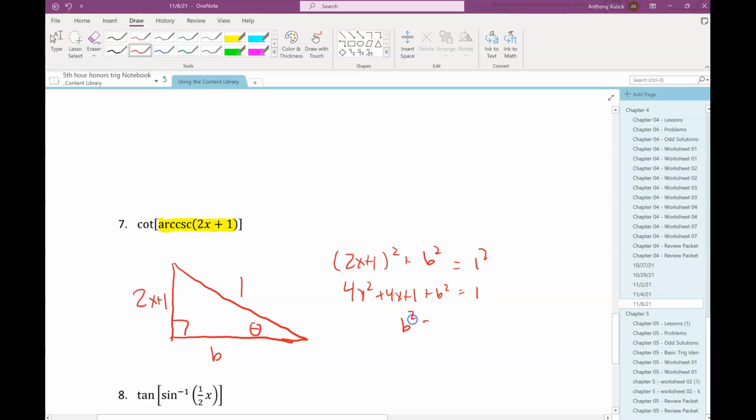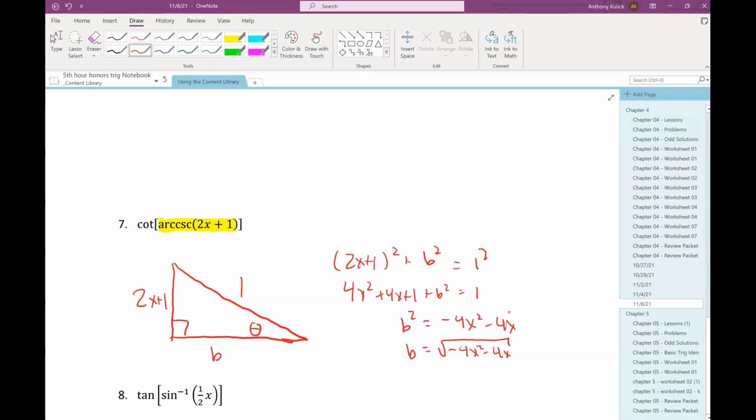I move everything over. I square root both sides. I can drop the plus or minus because it's a side length of a triangle, so it's fine.